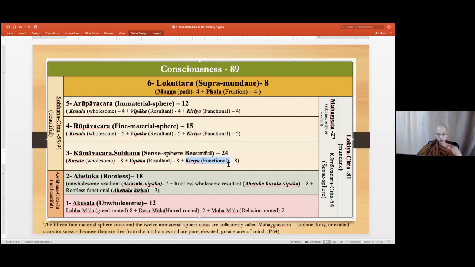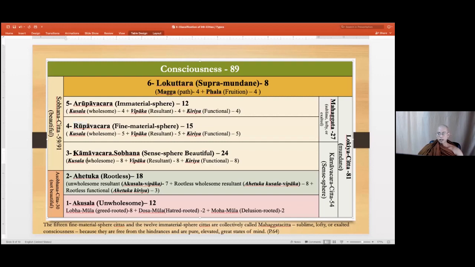It cannot produce. So this last type, kiriya, is different from wholesome because it cannot produce, and different from vipaka because it is not the product of wholesome. So we have the 3 categories in Kama Vachara Sobhana, sense-sphere beautiful consciousness. Then we can continue to number 4, Rupa Vachara.